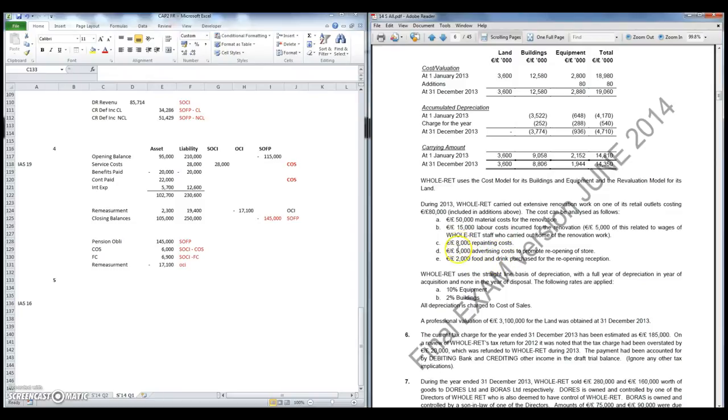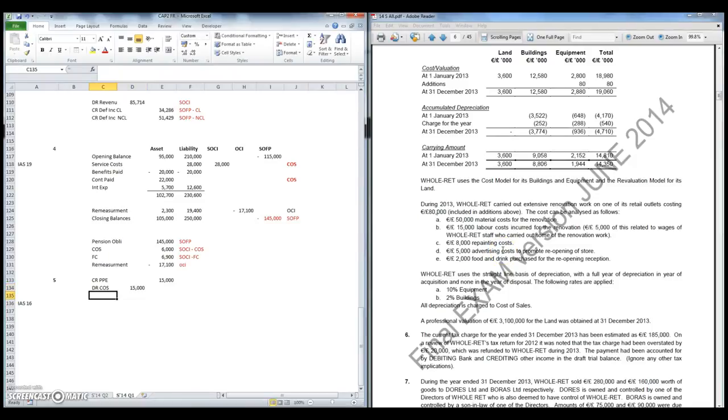So a total of 8 plus 5 plus 2 are not allowed. So we would credit PPE of 15 grand, and we will debit, or we call it cost of sales, just to be consistent with the solution. But you could also say, because it's to do with relevant cost, you can put it in admin if you want, but we'll put it in cost of sales.